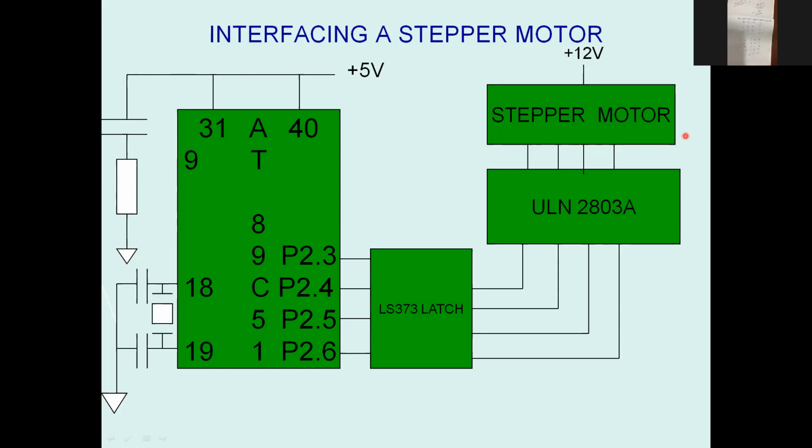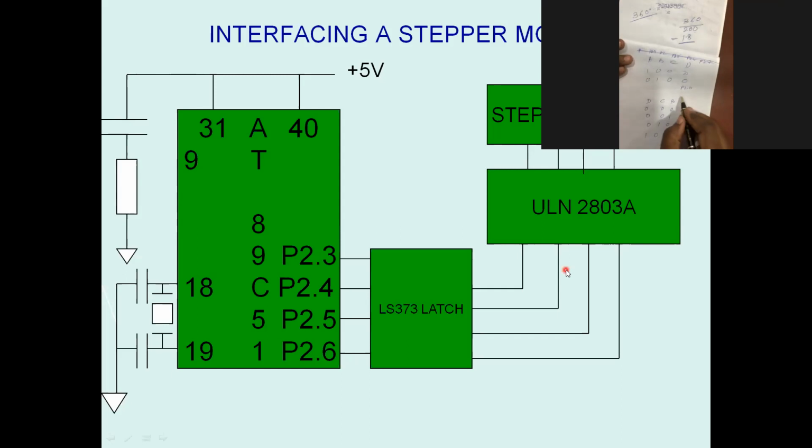So just mentioning the names, it is P2.3, P2.4, P2.5, P2.6, P2.7, P2.2, P2.1, P2.0. Next, say it is maybe 0, 0, 0, 0.